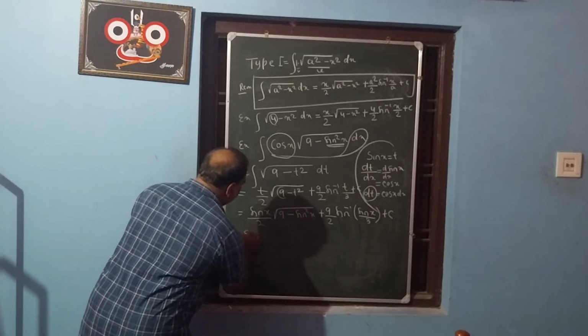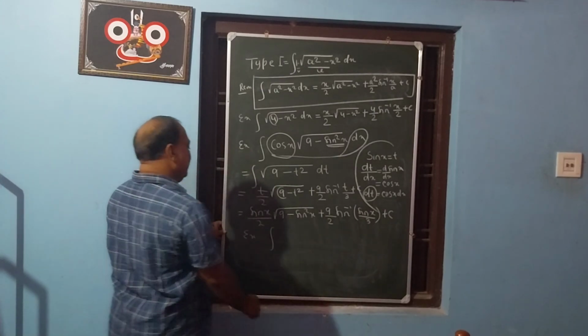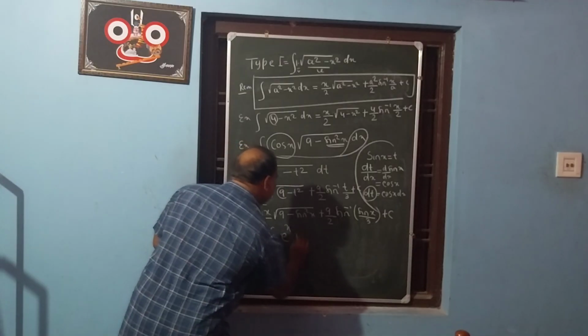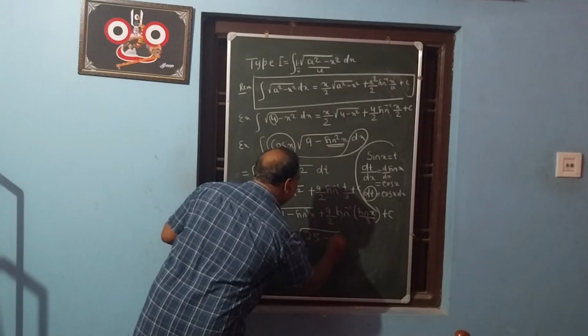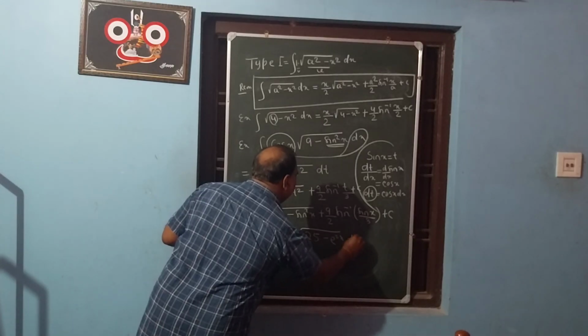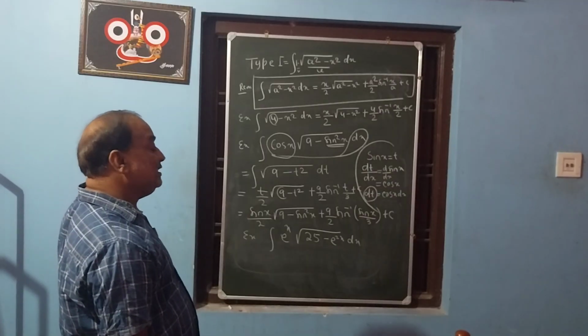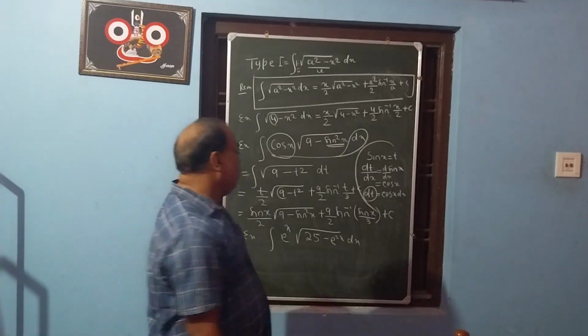Let us take another example. Write down integration of e to the power x root over of 25 minus e to the power 2x into dx. So how can you integrate this? First of all, you have to take e to the power x is equal to t.